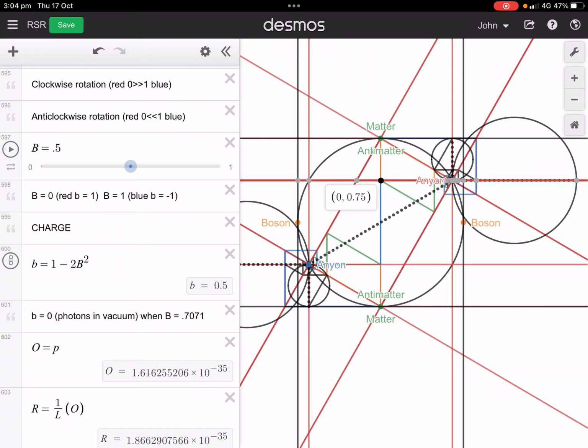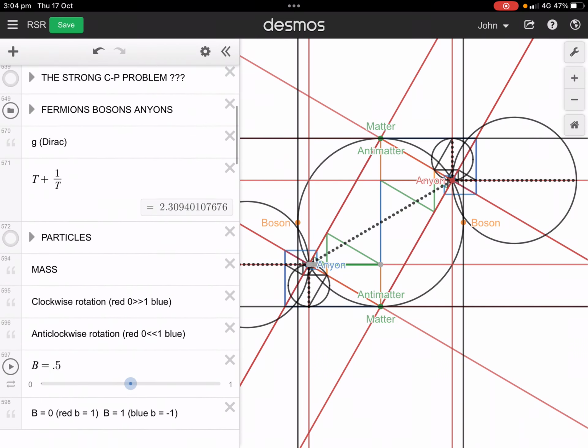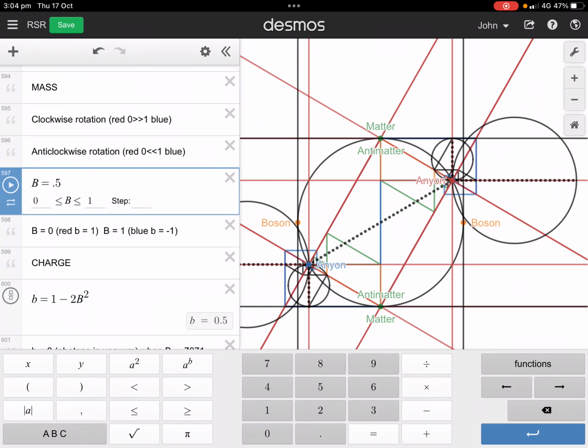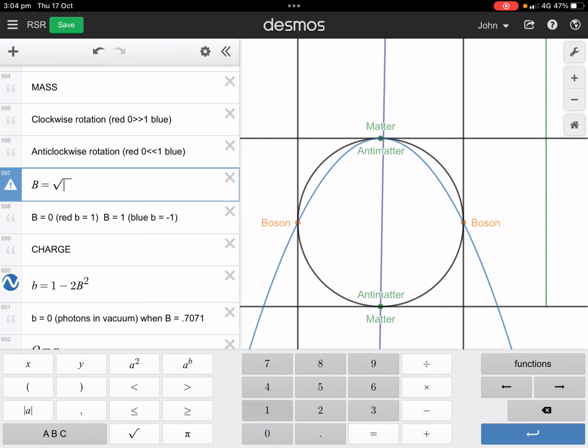So here the anyon's got a charge of 0.25, 0.275, whatever. But they did an experiment, and they found a partial charge of a third. So I'm just going to create a capital B value which will give me a partial charge on the anyon of a third.